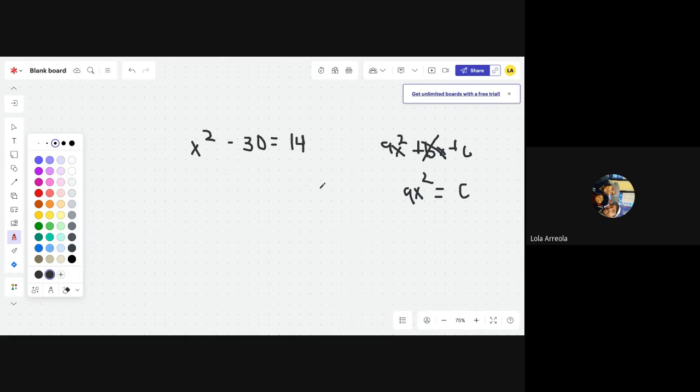So that's what I'm going to do. I'm going to get all my c terms, so that individual number, all on one side together combined. So I'm going to add 30.